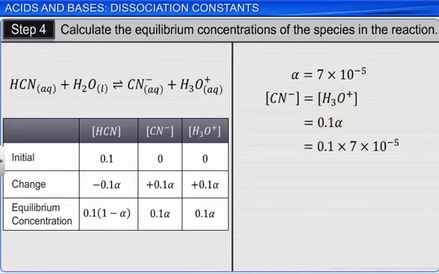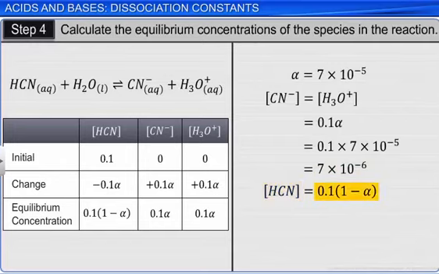This is equal to 7 multiplied by 10 raised to the power minus 6. The equilibrium concentration of hydrocyanic acid is 0.1 multiplied by 1 minus alpha, which can be written as 0.1 multiplied by 1 minus 7 multiplied by 10 raised to the power minus 5. This is equal to 3 multiplied by 10 raised to the power minus 6.